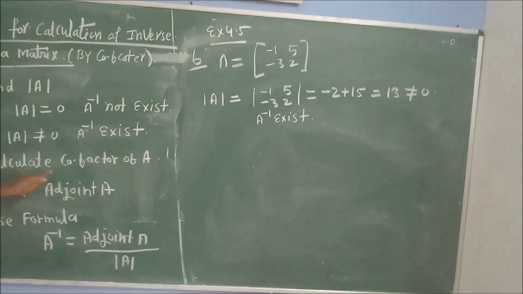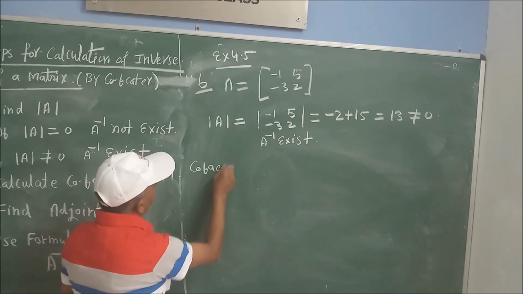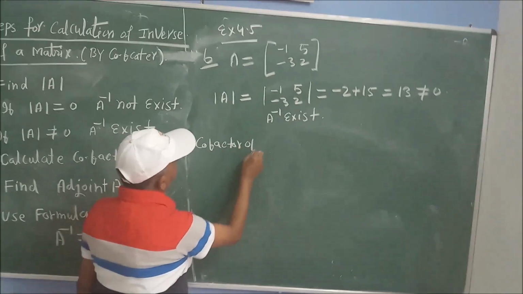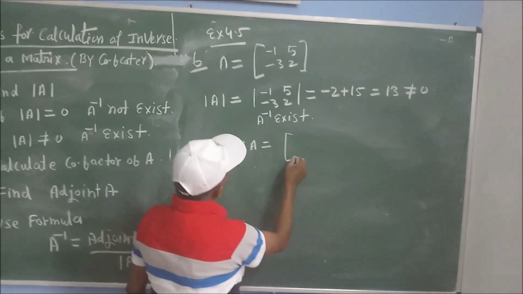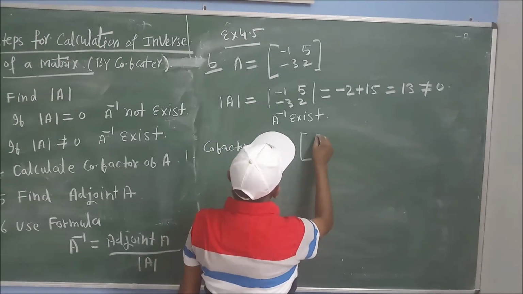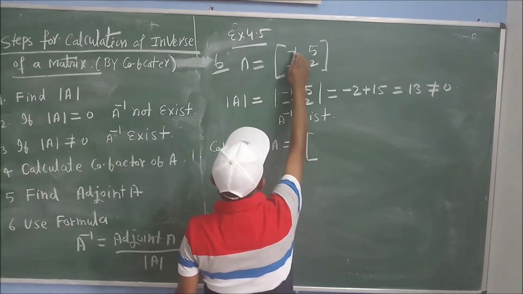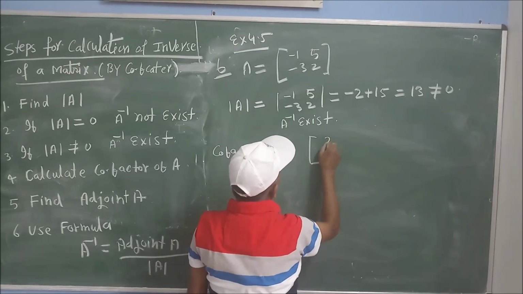Then we have to calculate cofactor of A. Your original matrix is here. So cofactor of A will be, if you take cofactor of -1, this row cancels, this column cancels, so you will get 2.